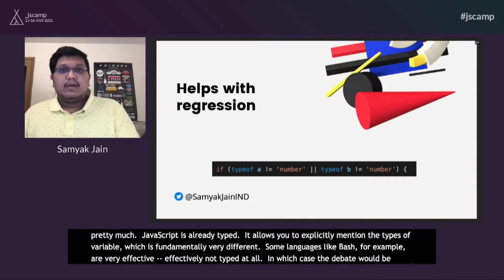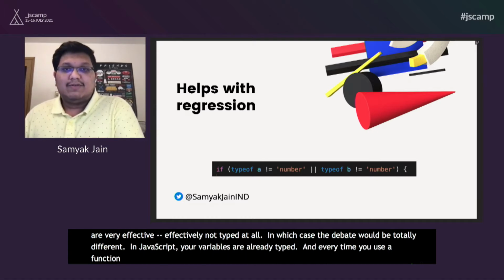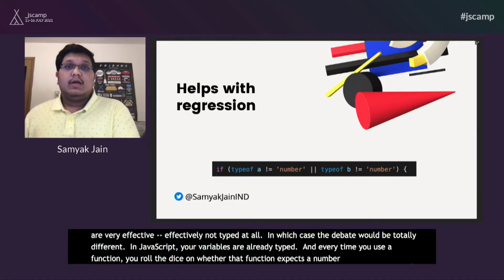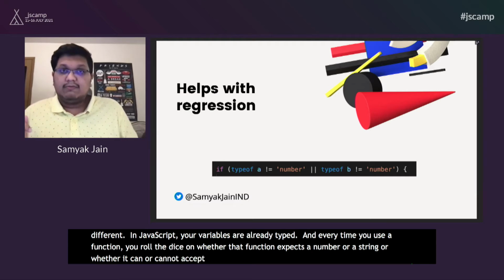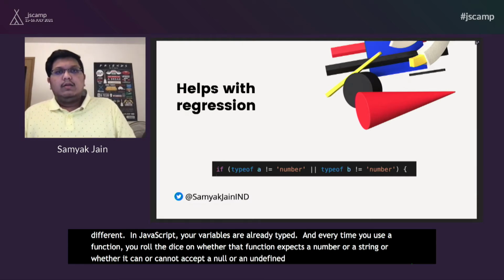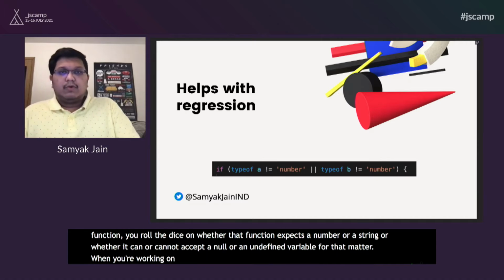In JavaScript, your variables are already typed, and every time you use a function, you roll the dice on whether that function expects a number or a string, or whether it can or cannot accept a null or an undefined variable for that matter. When working on a project with more than one developer, that becomes a problem.